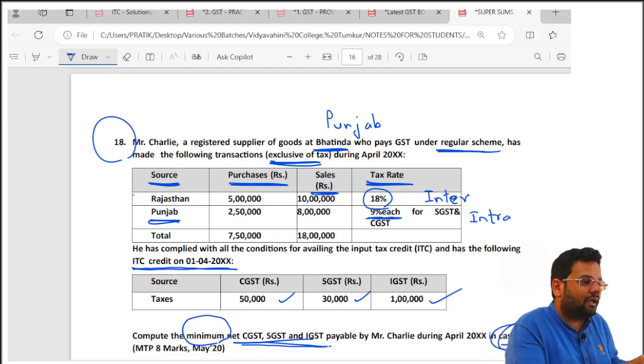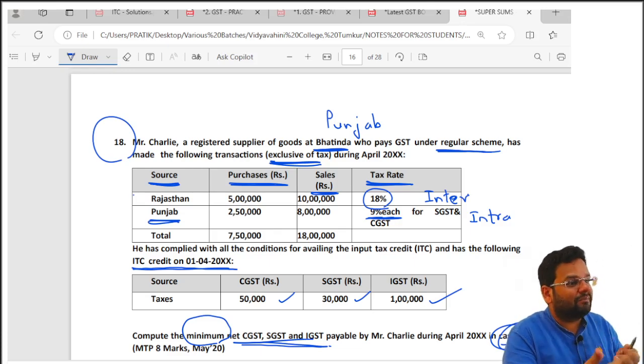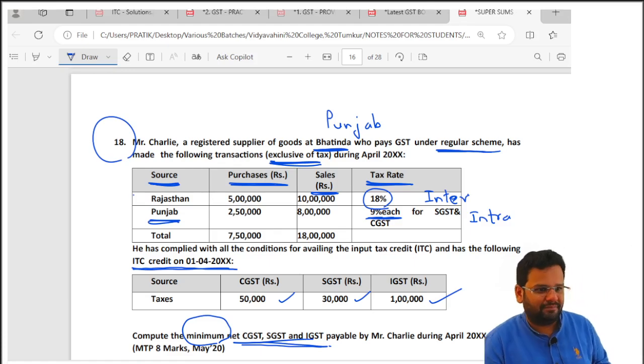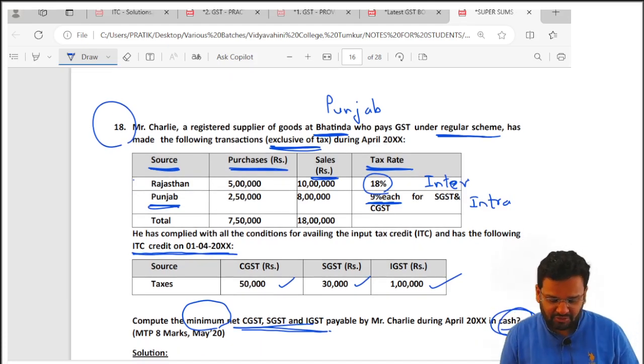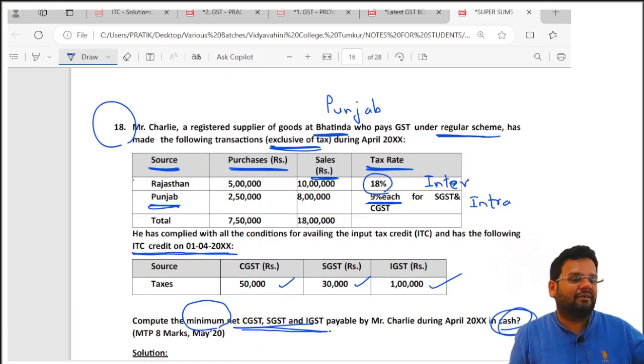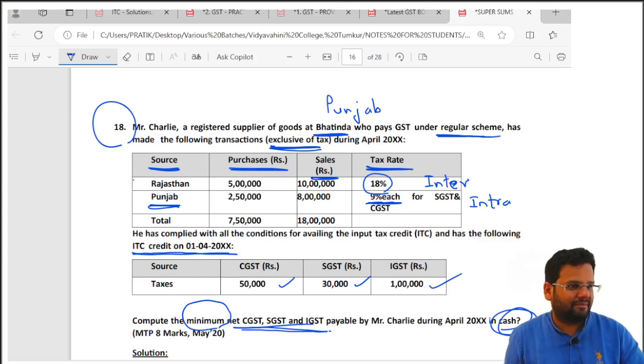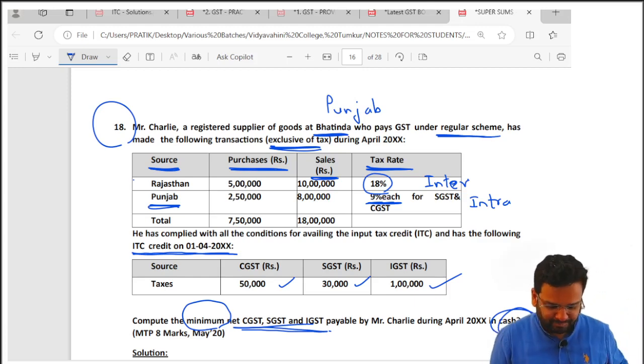The client cannot take ITC balance and do any shopping. So what is more liquid, ITC or cash? Cash. So he should preserve the cash and use maximum ITC. Logical, no? Otherwise, opportunity loss. ITC lying with the government will not give you any interest, but cash lying in the bank will give interest. So pay minimum in cash, logically.